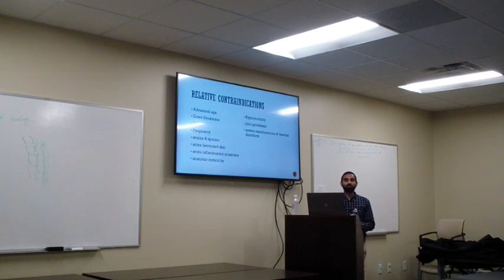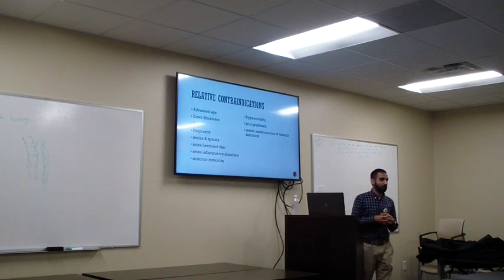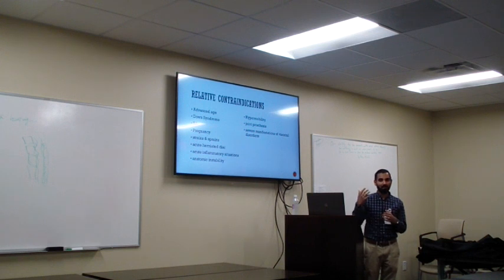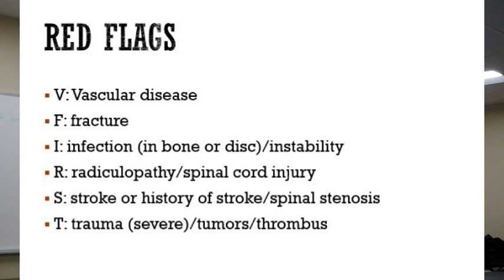Strains and sprains, if they're very acute, an acute herniated disc, acute inflammatory situations, anatomic instability, hypermobility, prosthesis. This doesn't necessarily mean anyone who has a knee replacement can't get OMT. It just means that techniques have to be modified because you don't want to be applying pressure for certain techniques into the prosthesis.